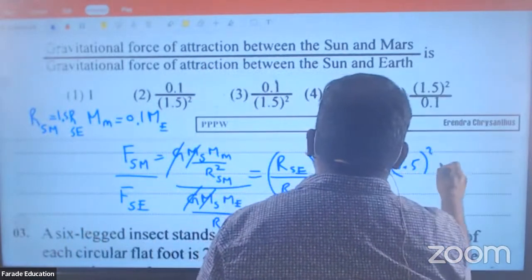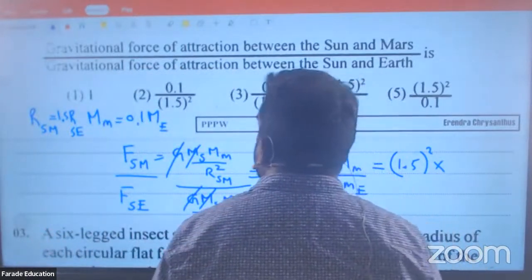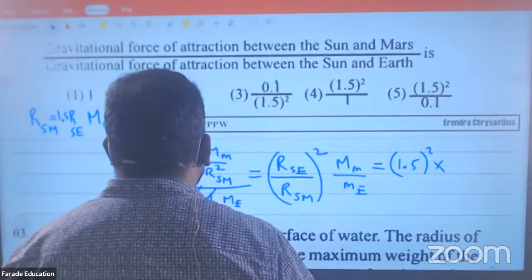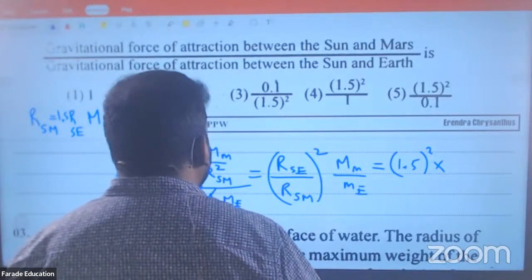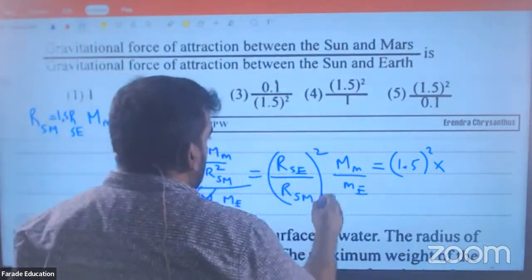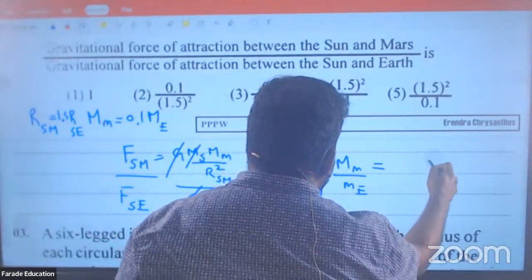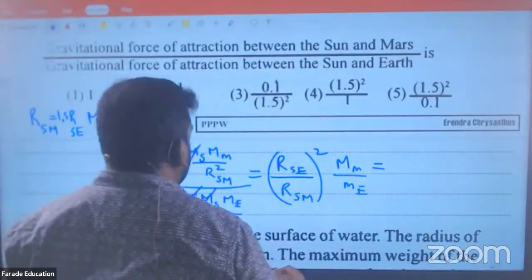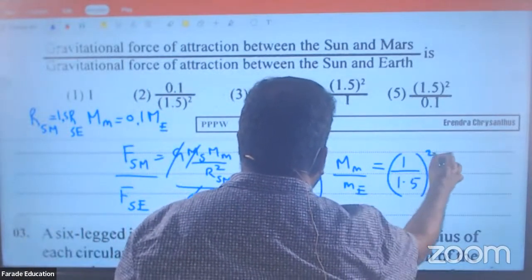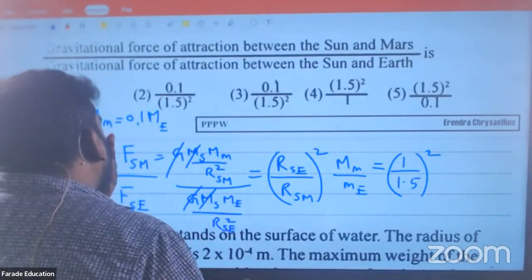Sorry, Sun to Earth, no? Here Sun to Earth, so this will be reciprocal. 1 over 1.5 whole thing squared. Okay.